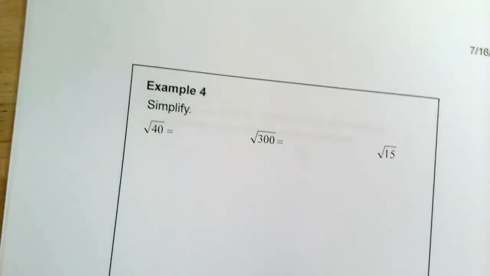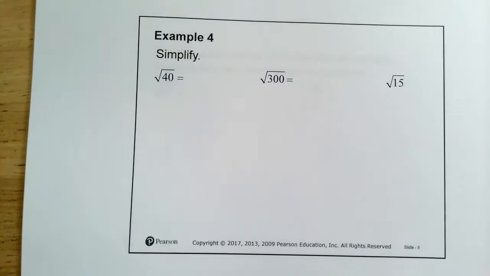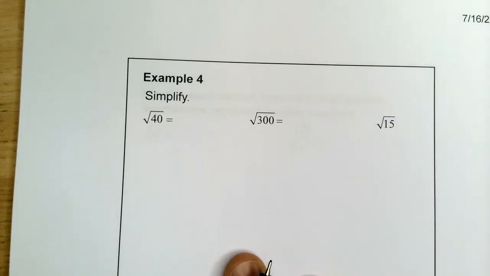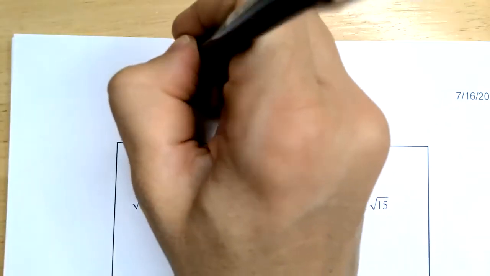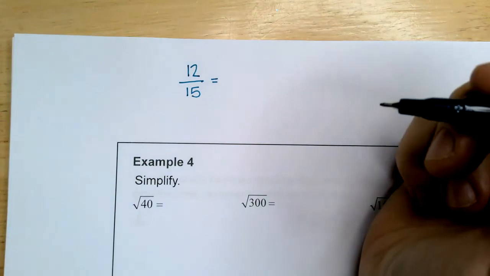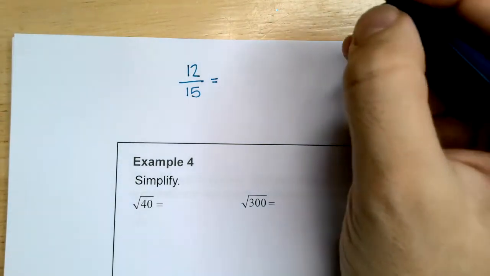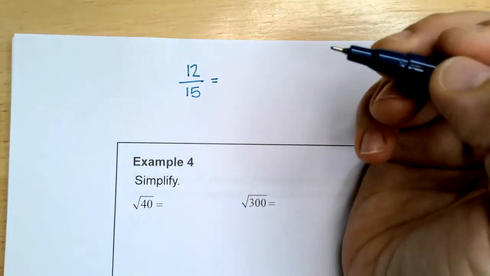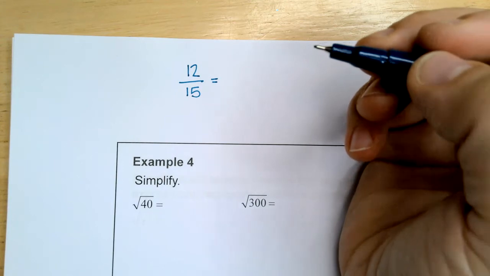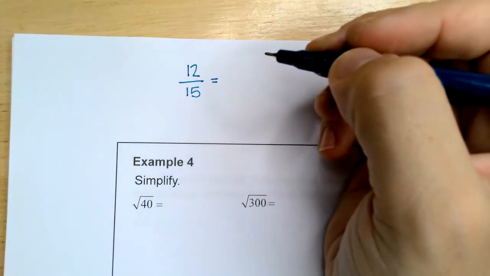All right, example 4, we're just going to practice simplifying skills. We're putting it into simplest form, just like you did with fractions in a different math class, right? So like when you had 12 over 15 and somebody said, put it in simplest form, you could say, I can, 12 and 15 are both multiples of 3, right?